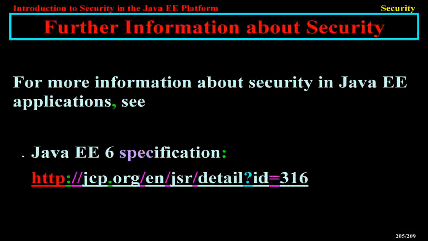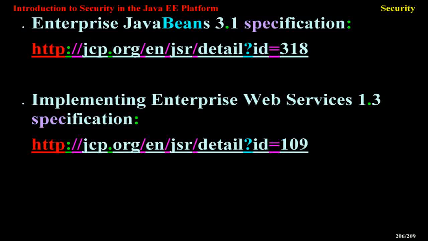Further information about security. For more information about security in Java EE applications, see the Java EE 6 specification, JSR 316. Enterprise JavaBeans 3.1 specification, JSR 318.